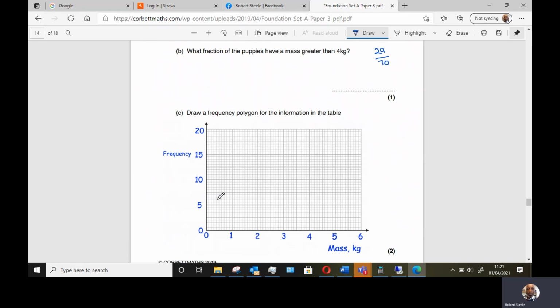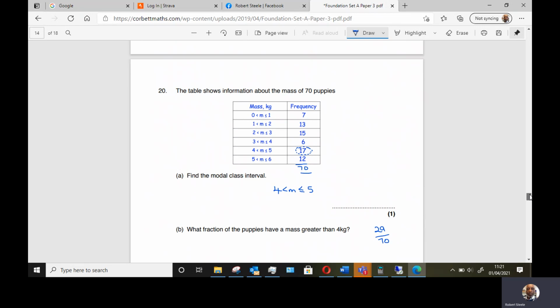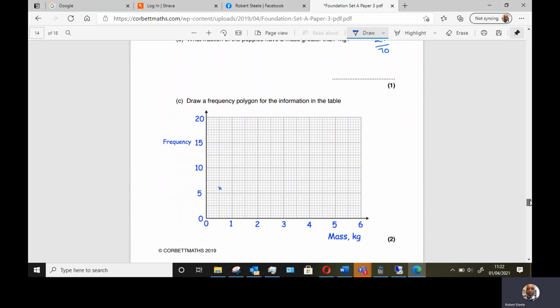So we find the midpoint of that first interval. Yeah, so the midpoint of 0 and 1 is a half. Yeah. The midpoint of the next interval is 1.5. So we plot the next frequency like that. Each one of these little squares is a half.